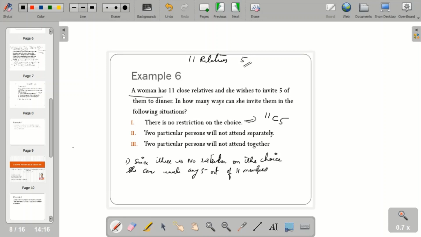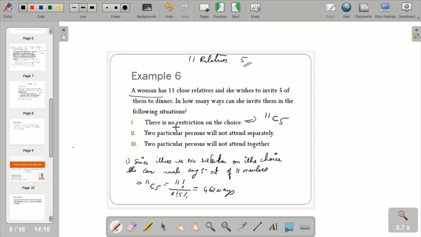That equals 11 factorial divided by (11 minus 5) which is 6 factorial, into 5 factorial. That would give you 462 ways. So this is regarding the first situation.